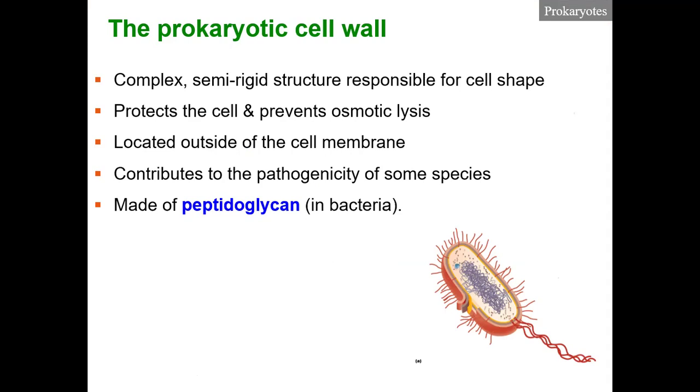The next structure of the prokaryote cell I want to talk about is the cell wall. If the cell has a shape, it's because of the cell wall. There are some bacteria that lack a cell wall, and these species that lack the cell wall are in one family.